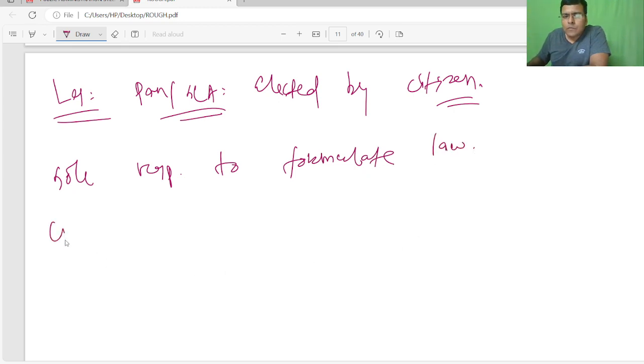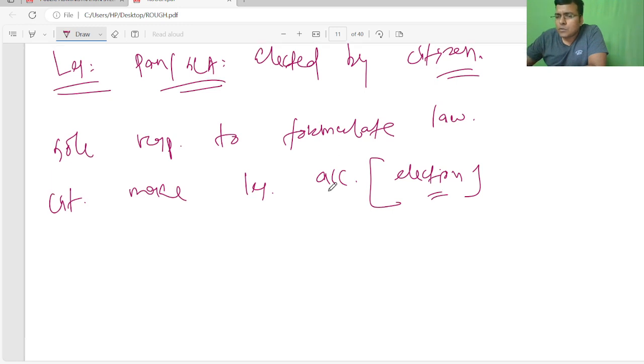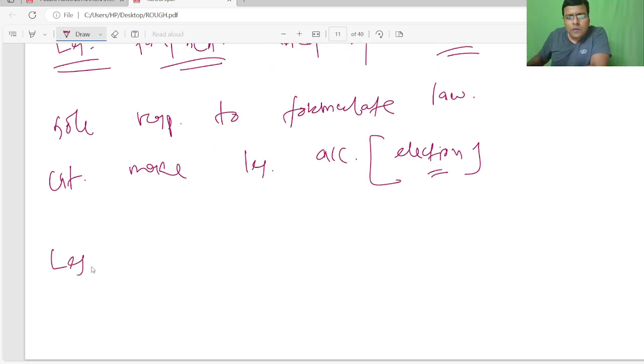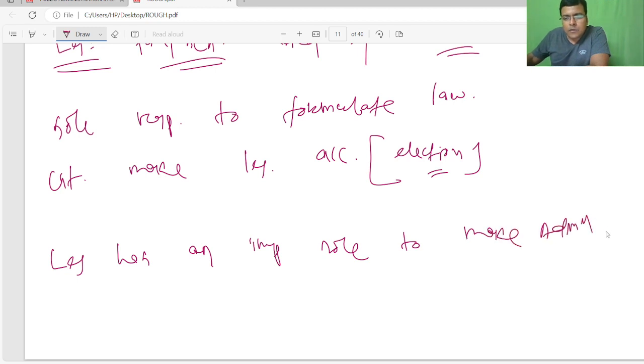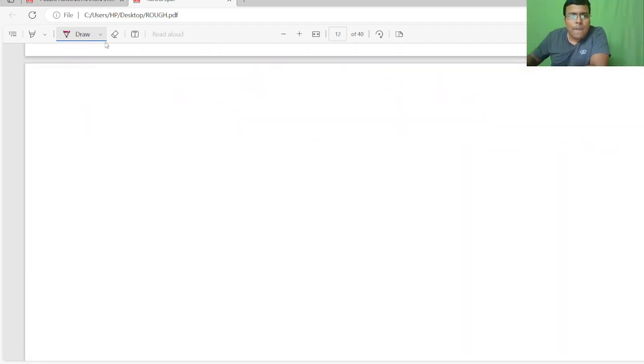The citizens make the legislator accountable through election. So the legislator has an important role to make administration accountable.